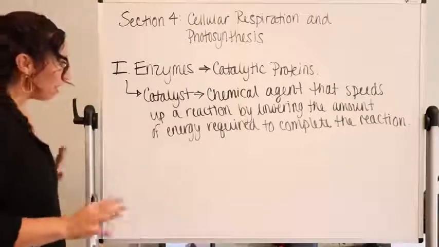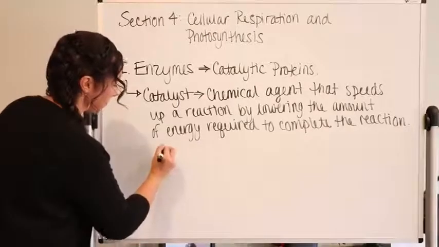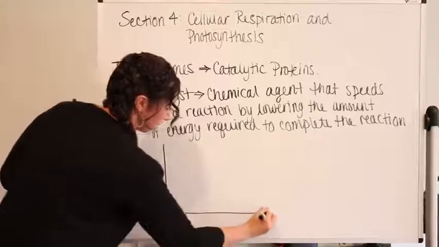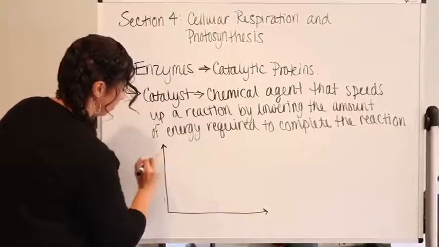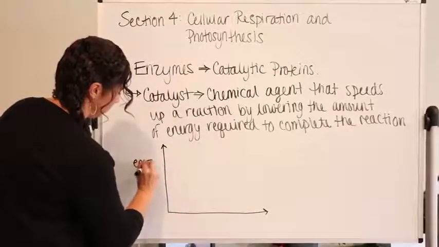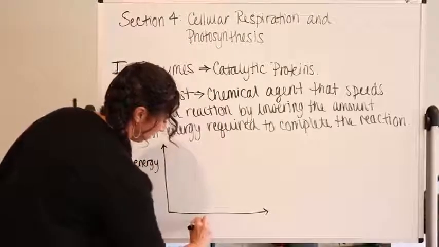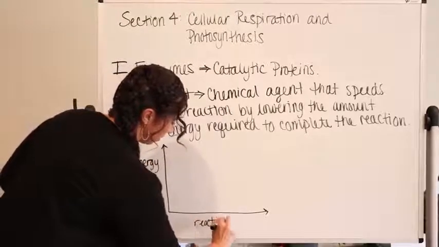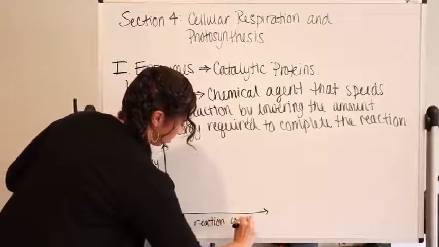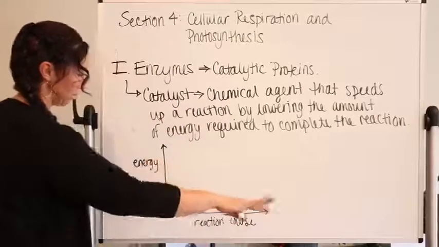So graphically, if you need to represent this, let's do a little graph here really quick. This would be energy, and this would be reaction course, if you will. So the course of the reaction from reactant to product.